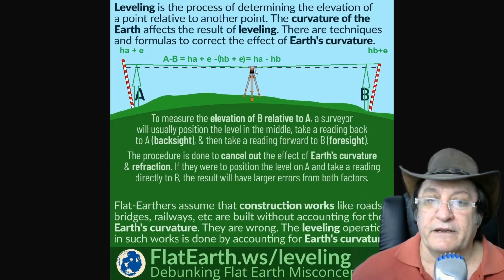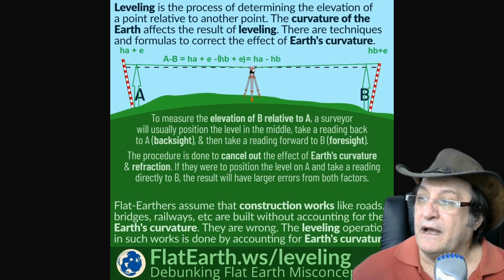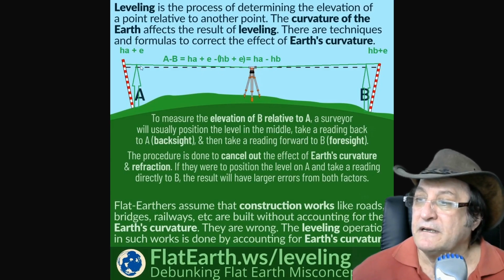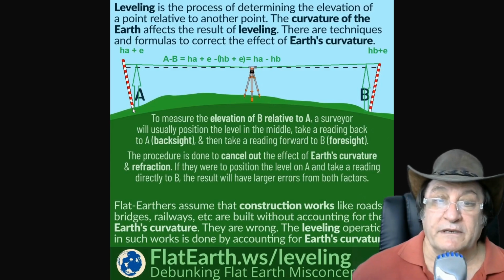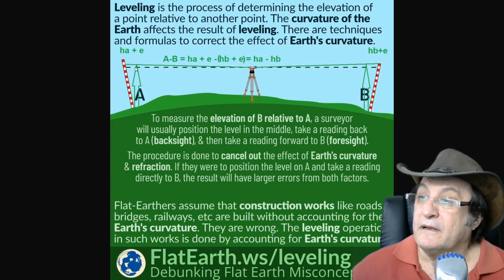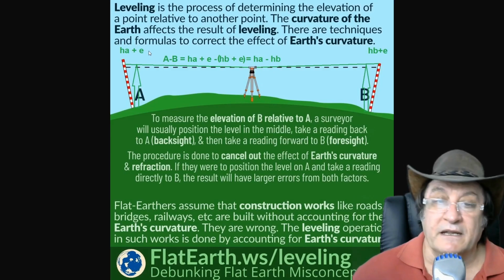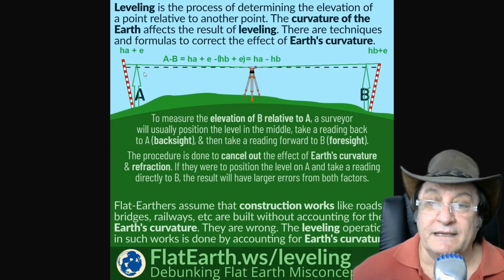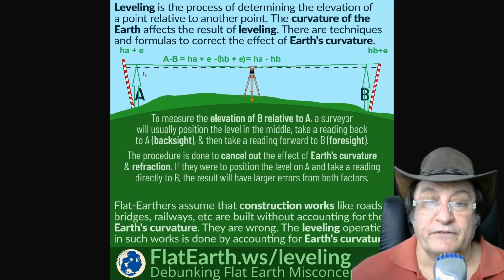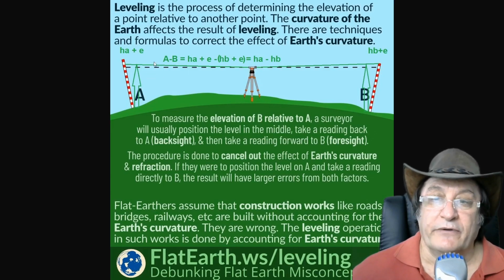Now this could be as a result of a small calibration error, or as a result of the curvature of the Earth causing this to be a little bit lower even though it is level. So let's represent that error as E, and E can also include the effects of refraction. So E is the error in your measurement.